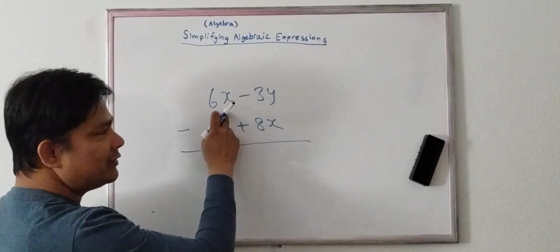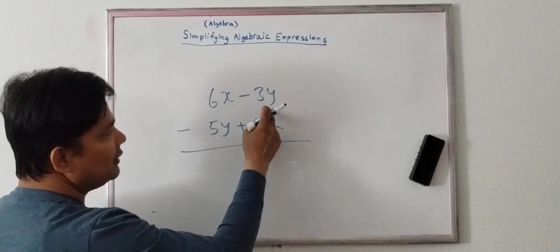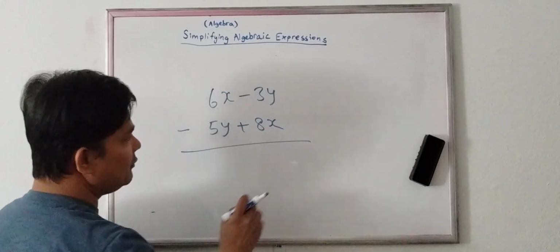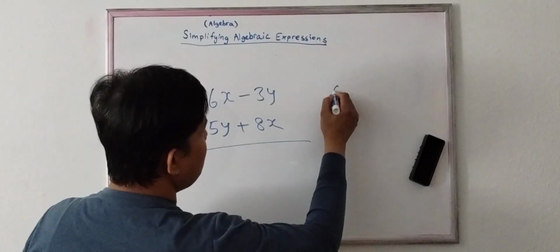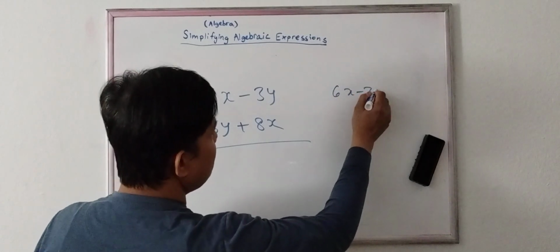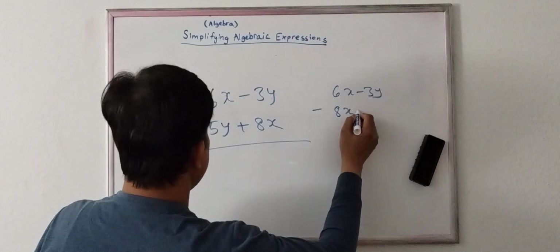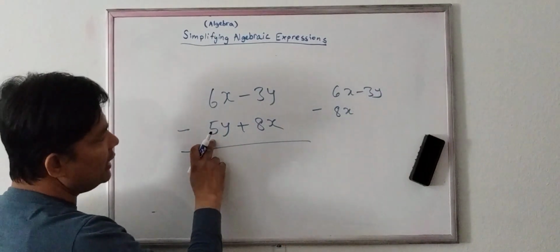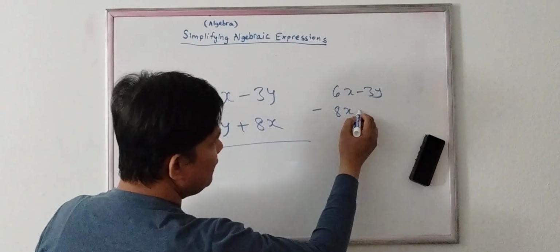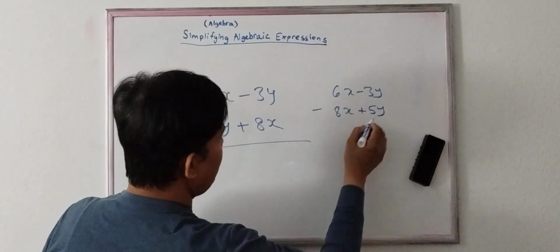This one? No, because this is x and y, and this is y and x. We cannot subtract. So what we have to do? We have to rewrite it: 6x minus 3y minus 8x. See, what is the sign of 5? It's plus. So I will write 8x plus 5y.